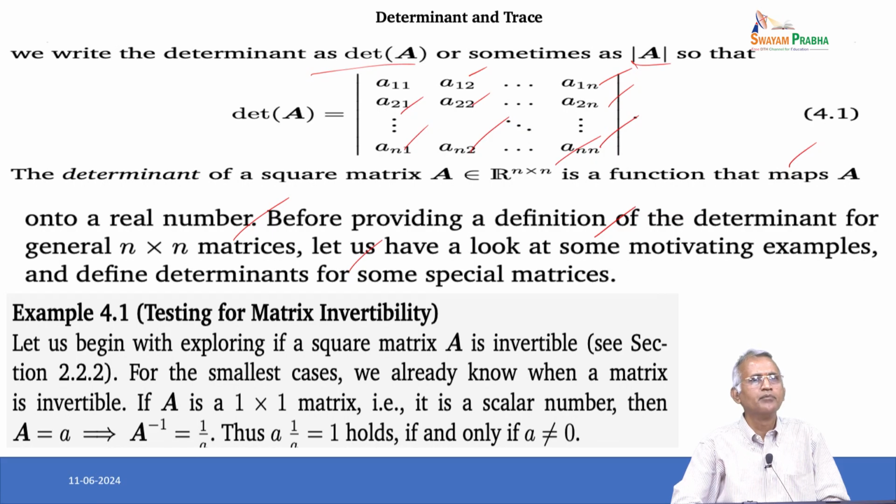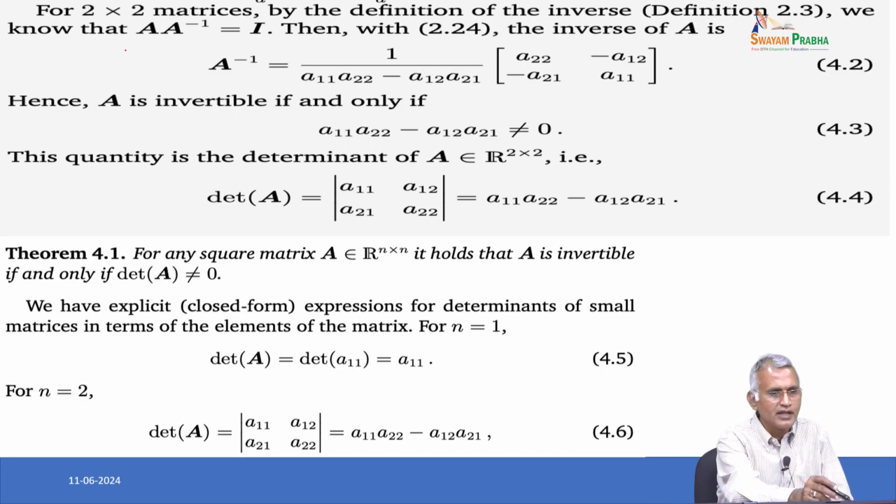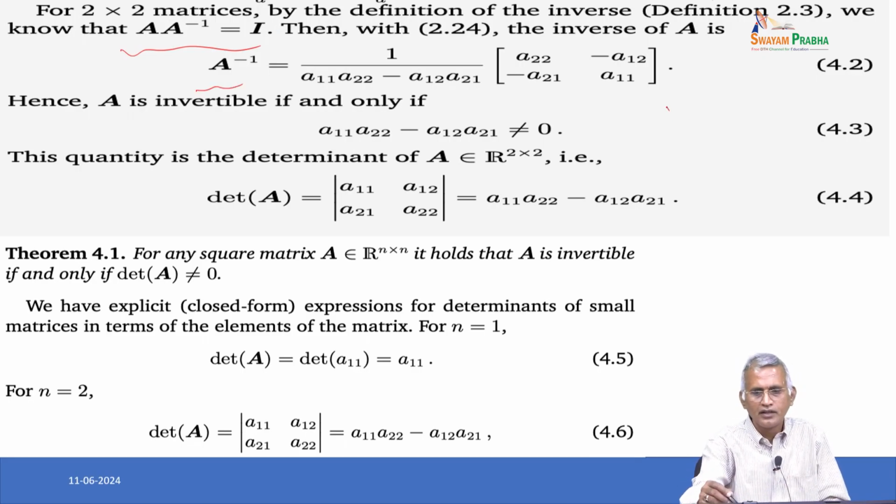Let us begin by exploring when the square matrix A is invertible. For a 1 cross 1 matrix, A equals small a, and A inverse equals 1 by A, thus A into 1 by A equals 1, if and only if A is not equal to 0. For a 2 cross 2 matrix, by the definition of the inverse matrix, A inverse is obtained by dividing by the determinant of A11, A12, A21, A22, which is A11 A22 minus A12 into A21.